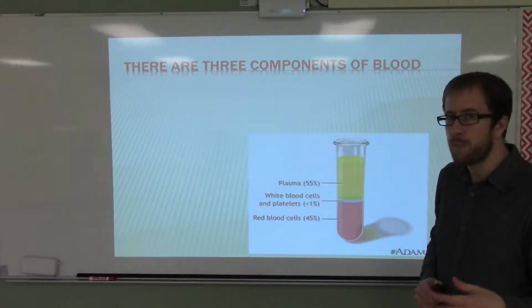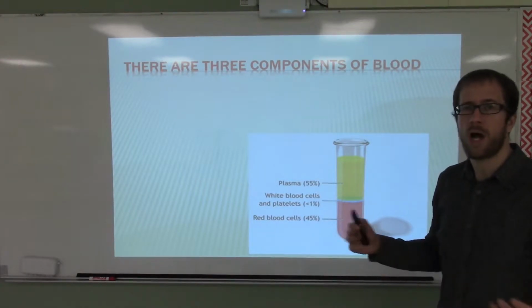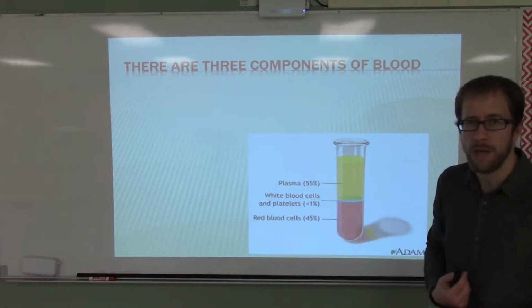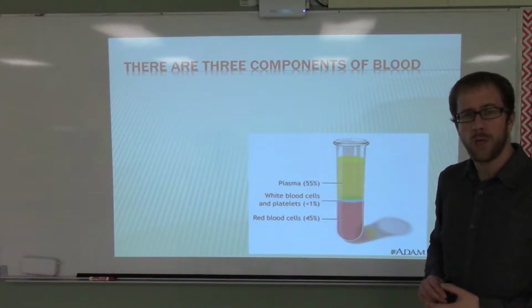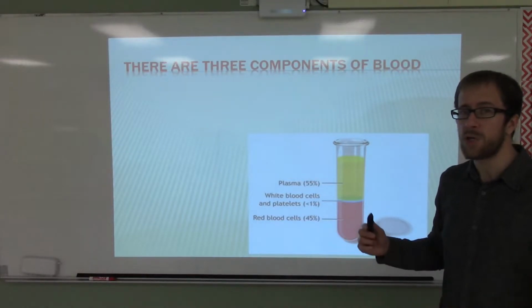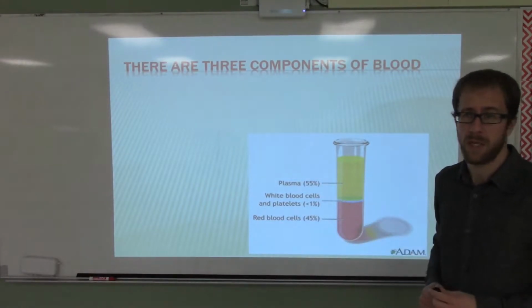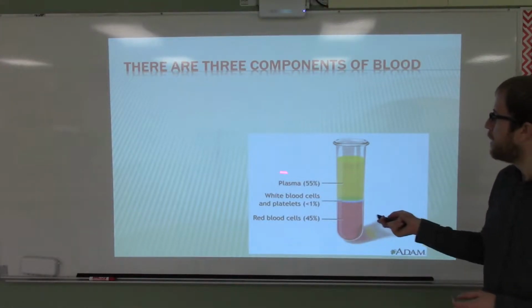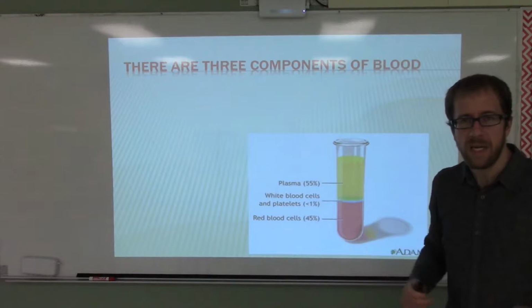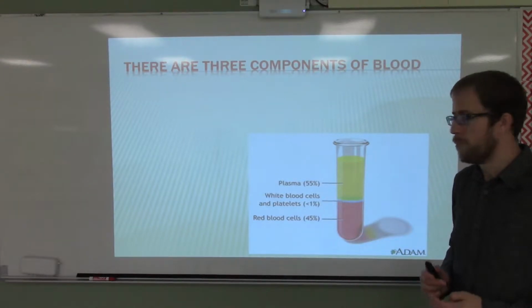We all know what red blood cells do, right? They carry your oxygen, they carry your carbon dioxide, but what do white blood cells do? We're going to explore those in much more detail, but those are your important immune cells of your body. And lastly here we have plasma, which is the liquid medium, if you will, of your blood.